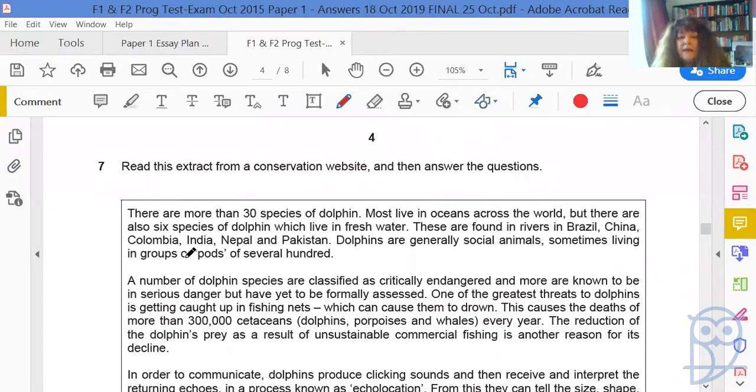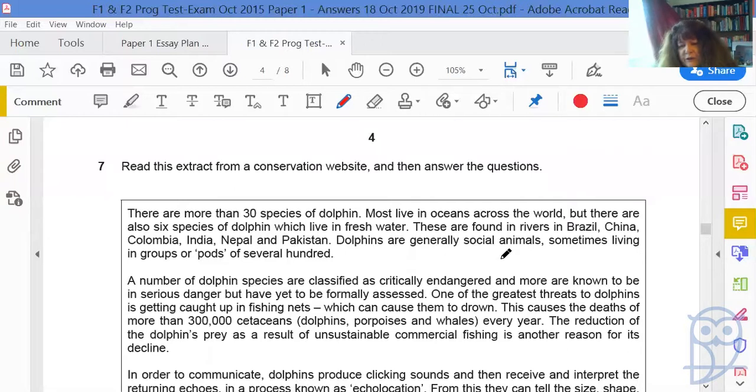There are more than 30 species of dolphin. Most live in oceans across the world, but there are also 6 species of dolphin which live in fresh water. These are found in rivers in Brazil, China, Colombia, India, Nepal, and Pakistan.